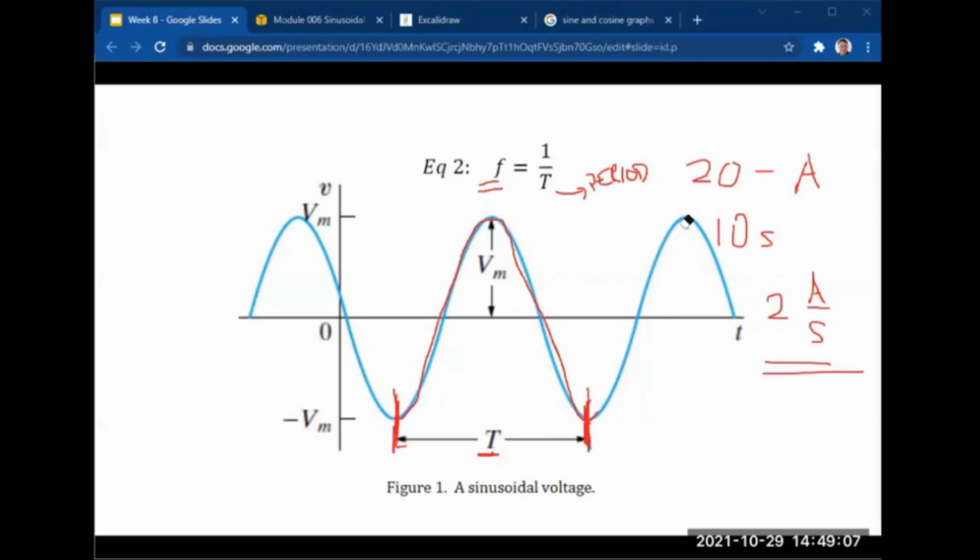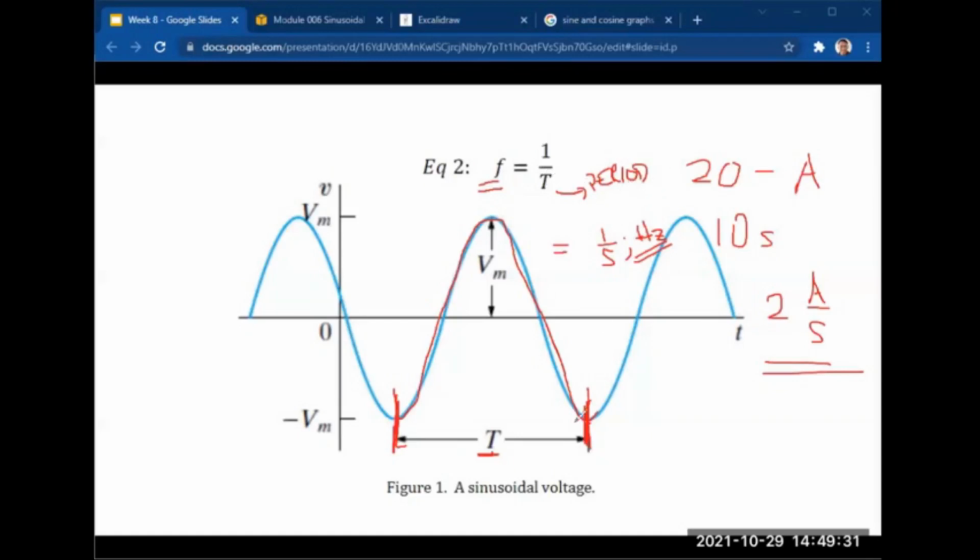Usually, frequency is expressed per second or hertz. Hertz is equal to per second. So the unit we use for frequency is hertz, and the equivalent of hertz is 1/second or per second.